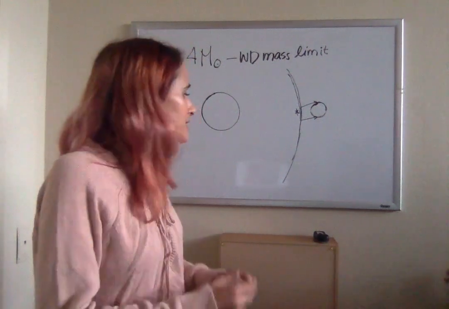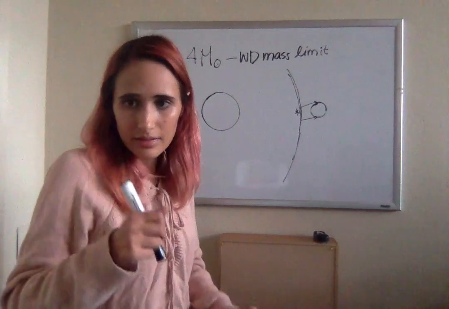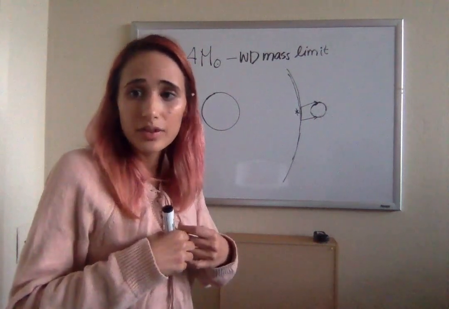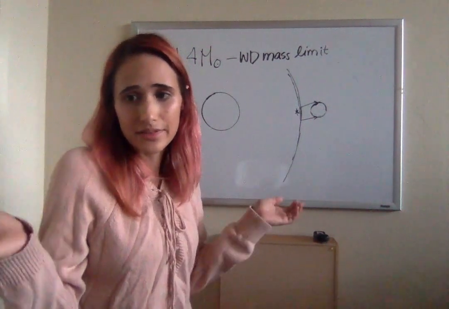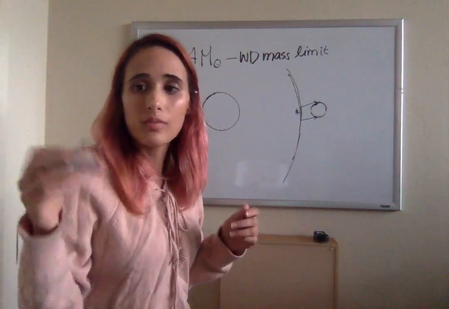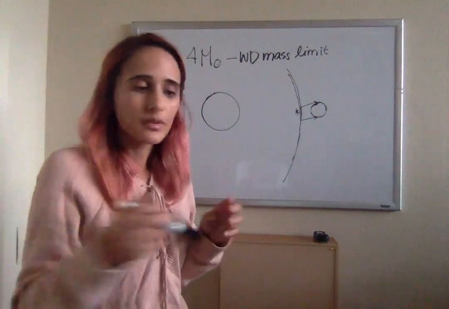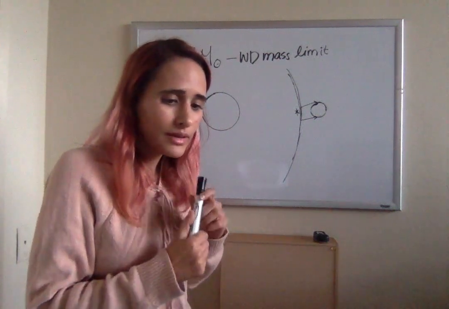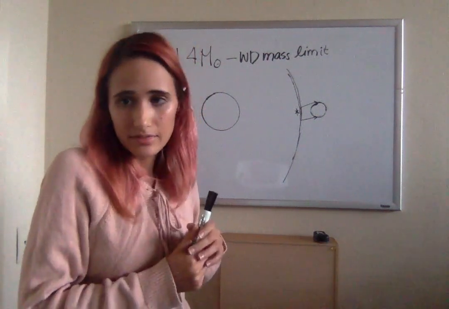So you have this huge explosion, this runaway nuclear bomb that's gone off in the center of your star, and it creates a bunch of fusion, including cobalt and nickel, right? And then that cobalt and nickel is radioactive.